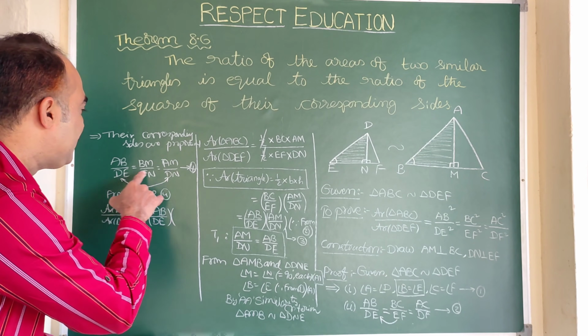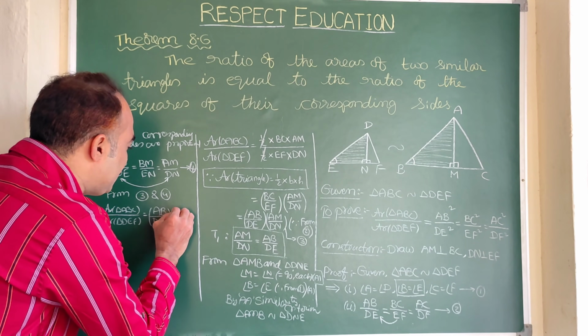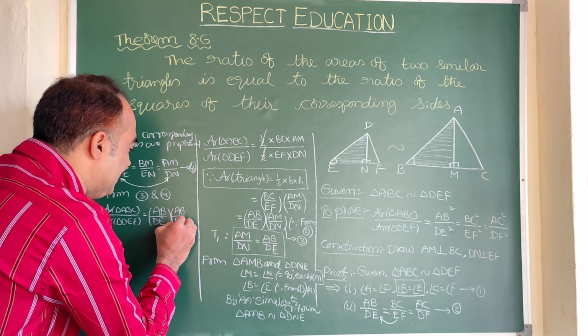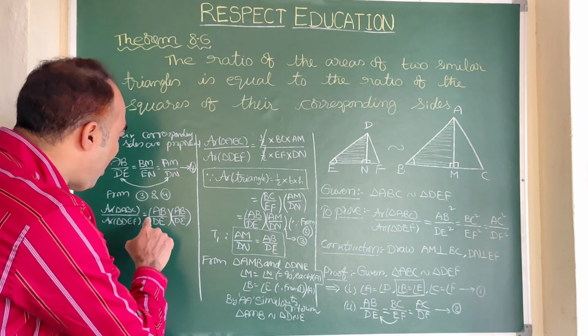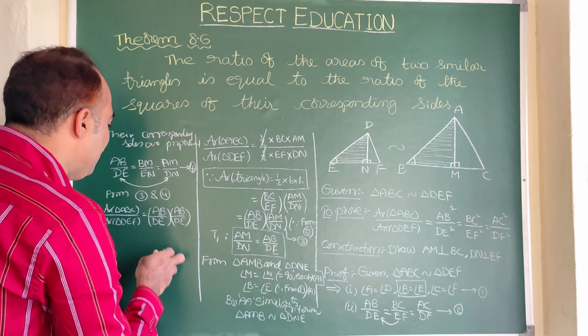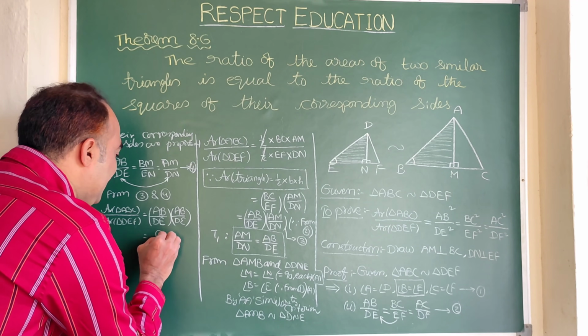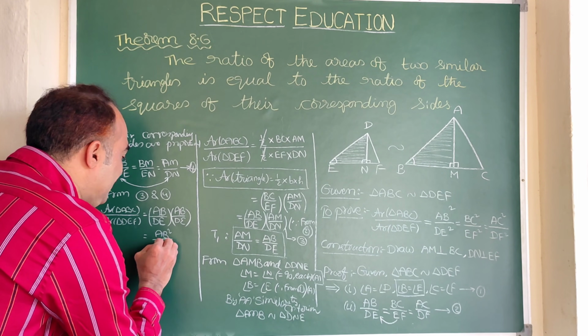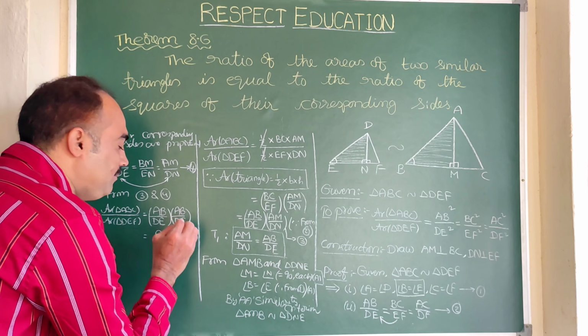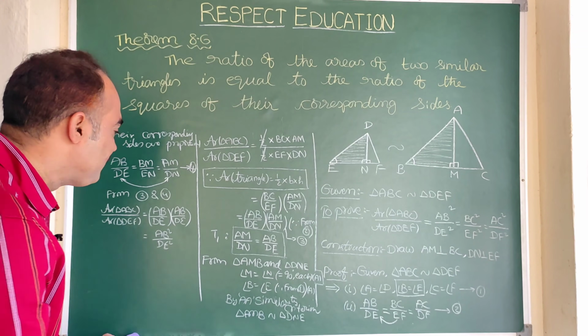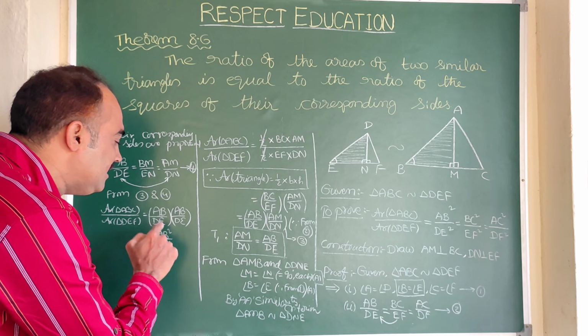AM by DN can be written as AB by DE again. On multiplying these two, we get AB square by DE square. AB into AB is AB square, DE into DE is DE square.